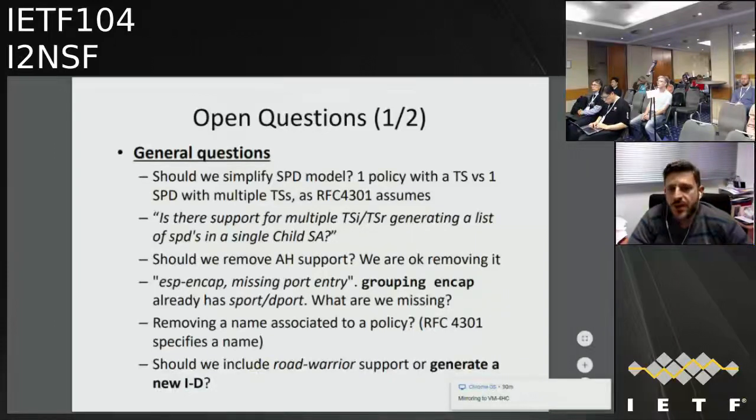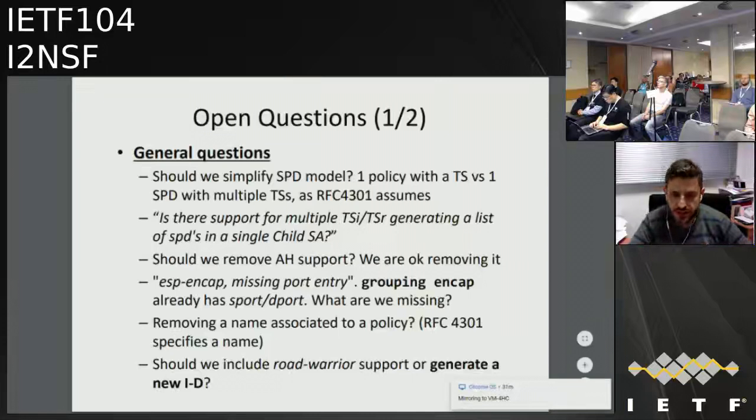In the implementations we have seen, we have observed one policy, one traffic selector. So our question is, should we simplify the SPD model by adding just one traffic selector? Another related question, which I think Paul mentioned, is whether there is any support for multiple traffic selectors generated from SPDs in a single child SA. Right now, this is not supported.